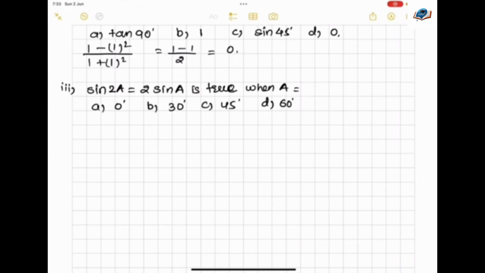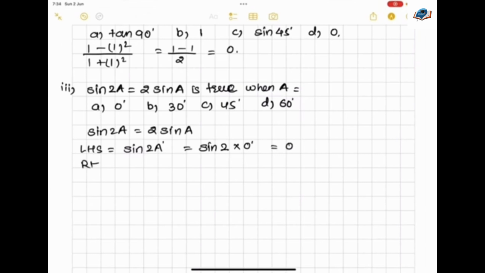So sine 2A equal to 2 sine A. So LHS will be sine 2A. So 0 degree if I do, so sine 2 into 0. So that will be 0. RHS will be 2 into sine 0. So 2 into 0. So that is 0. So therefore LHS equal to RHS.